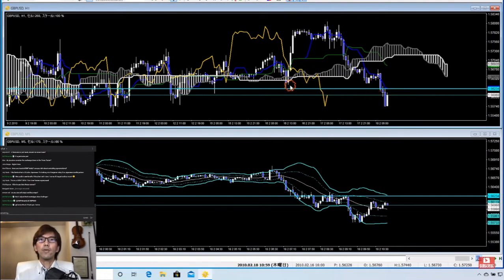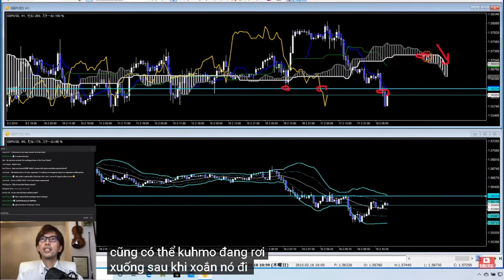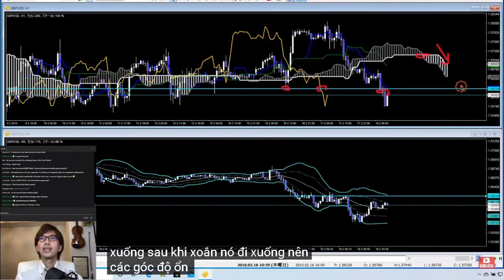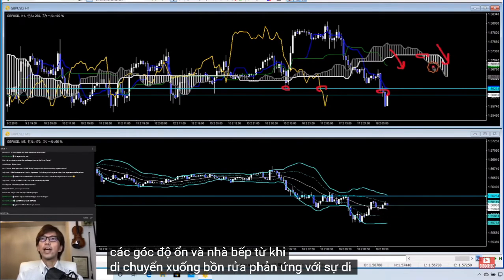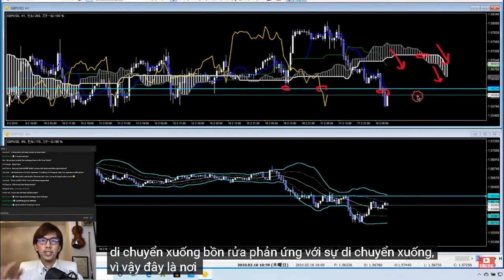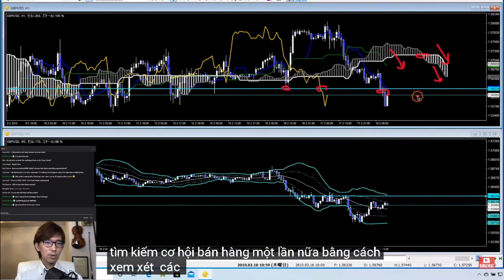Right, Chikou Span breakout was happening at this level downwards too. And also Kumo is sloping down. After it twisted, it's going down, so the angle is okay. And the Kijun Sen is moving down. Senko Span A moving down. So this is somewhere that I start to look for the sell chance again by looking at the smaller time frames.